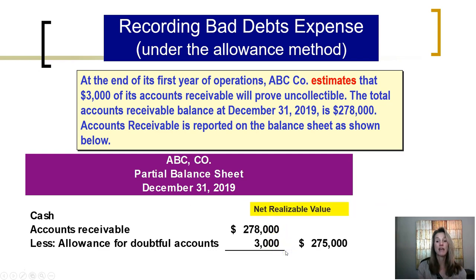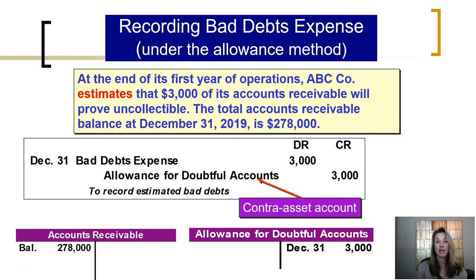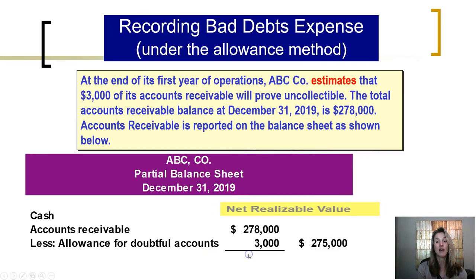That means that the net realizable value, or the true amount that we expect our receivables to be worth, is $275,000. If we had not recorded this adjusting entry for bad debt expense, we would have been missing $3,000 of expense for the year 2019, and we would overstate the value of our asset accounts receivable by $3,000.